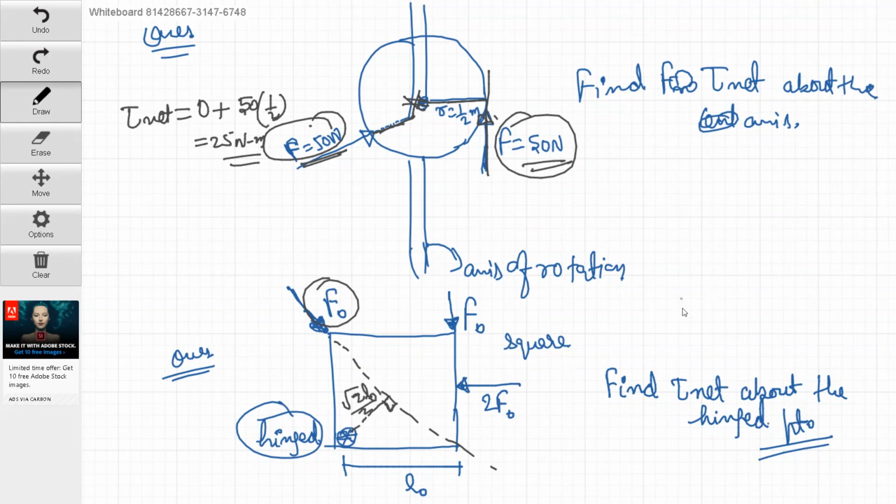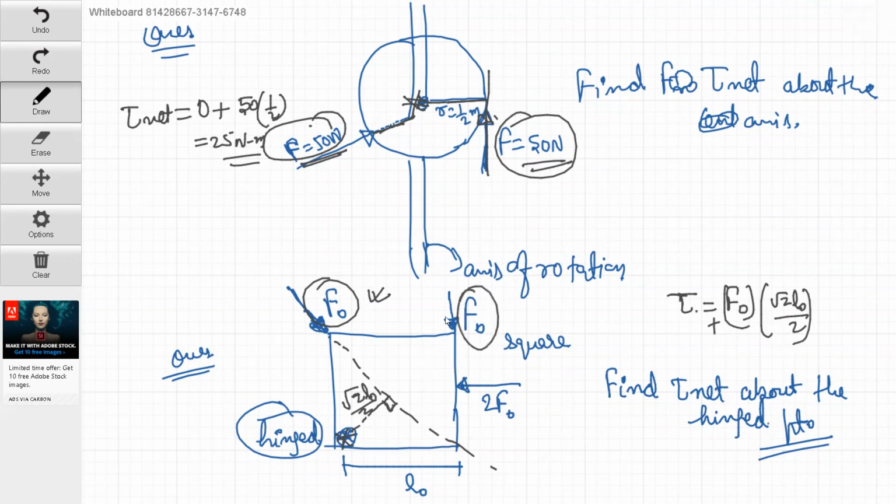The torque of force F naught is in the clockwise direction, because F naught has a tendency to rotate clockwise. Suppose this is a square and only F naught is acting. In which direction will this rotate? In the clockwise direction. So torque will be equal to F naught into root 2 L naught by 2. Is this all right? Plus, this is clockwise.